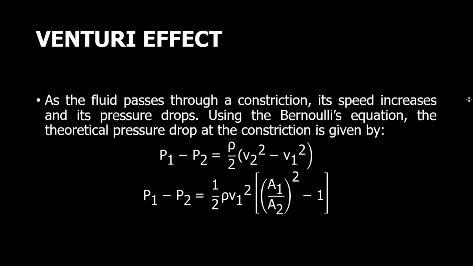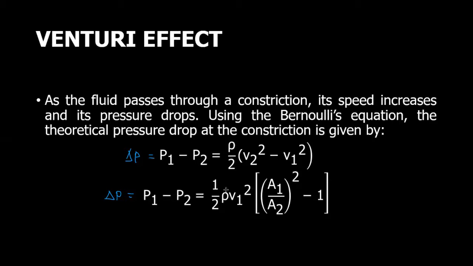Using the Bernoulli's equation, the theoretical pressure drop, delta P, at the constriction is given by this formula. So, delta P is equal to rho over 2 or 1/2 rho times the difference between the squares of the velocities.